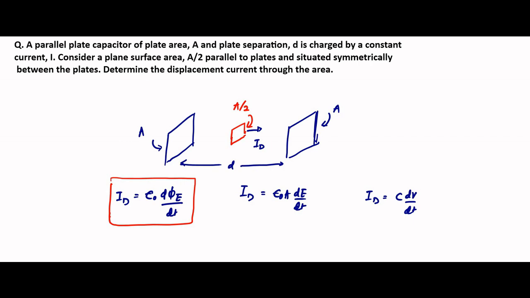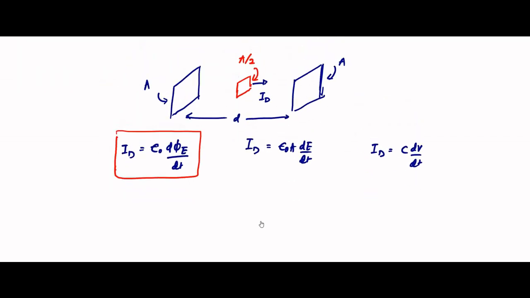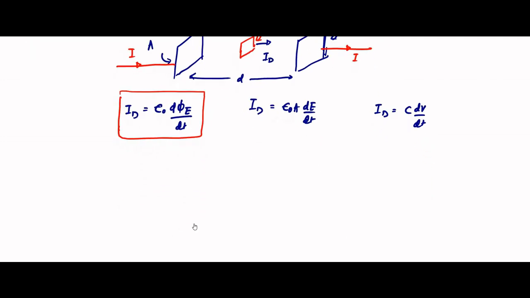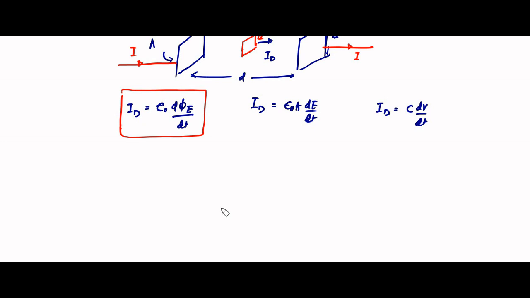So first remember, this is charged by a charging current of I. Now, we have Q charge in a parallel plate capacitor, that is equal to CV.